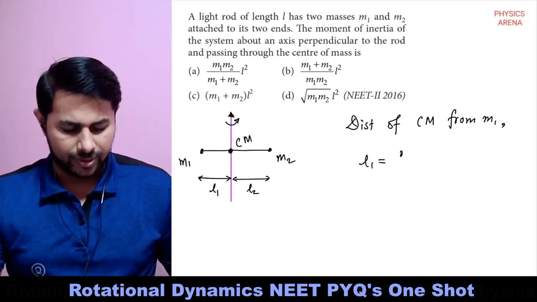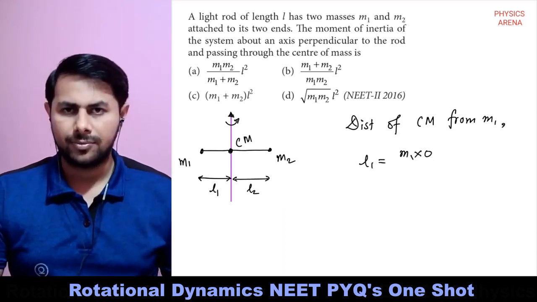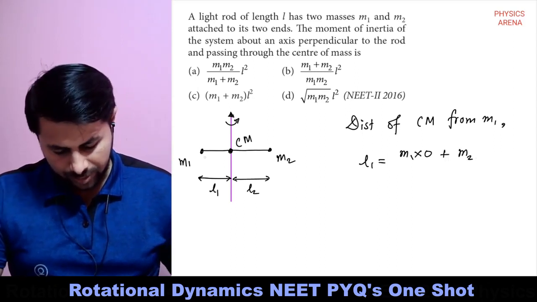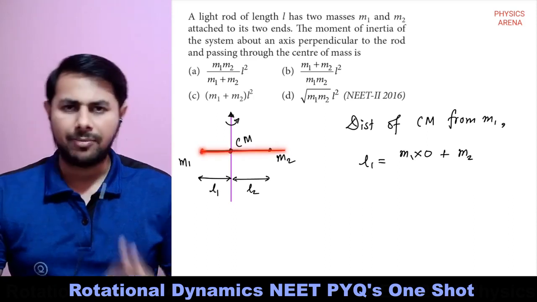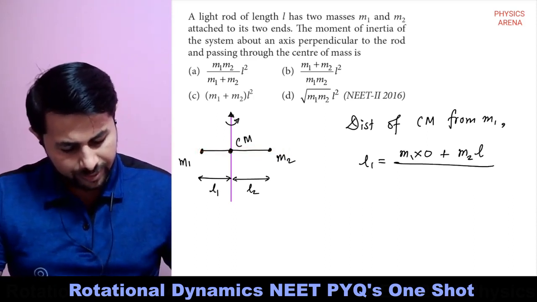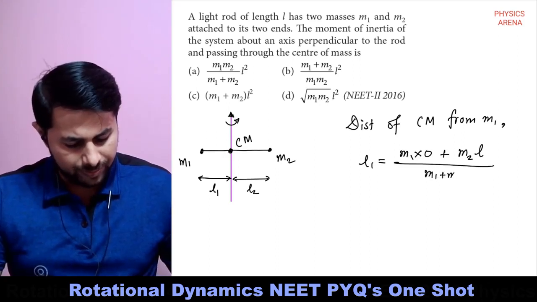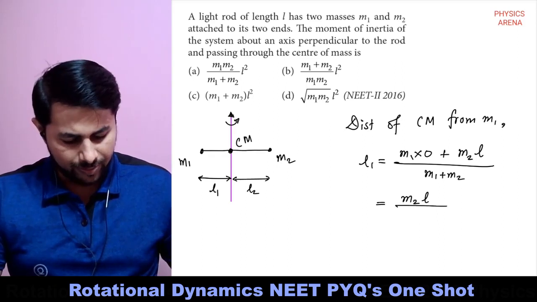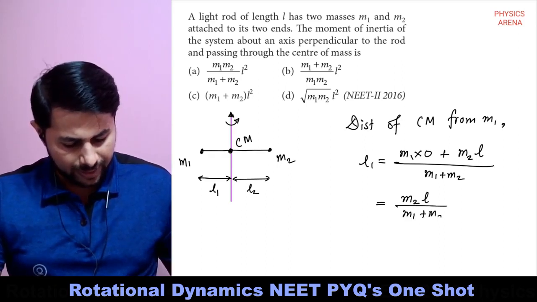That is equal to m1 into 0, plus m2 multiplied by the distance of m2 from m1, which is L. So m2 into L divided by m1 plus m2. It is m2 times L upon m1 plus m2.